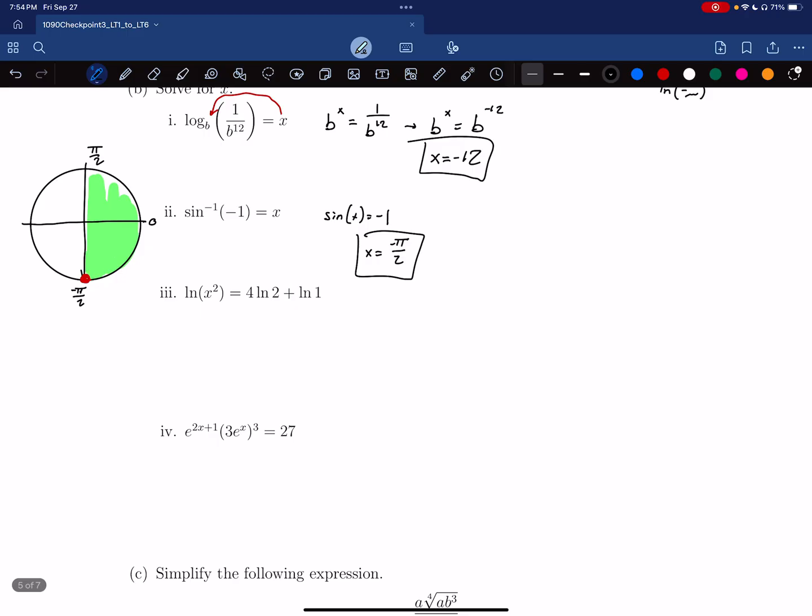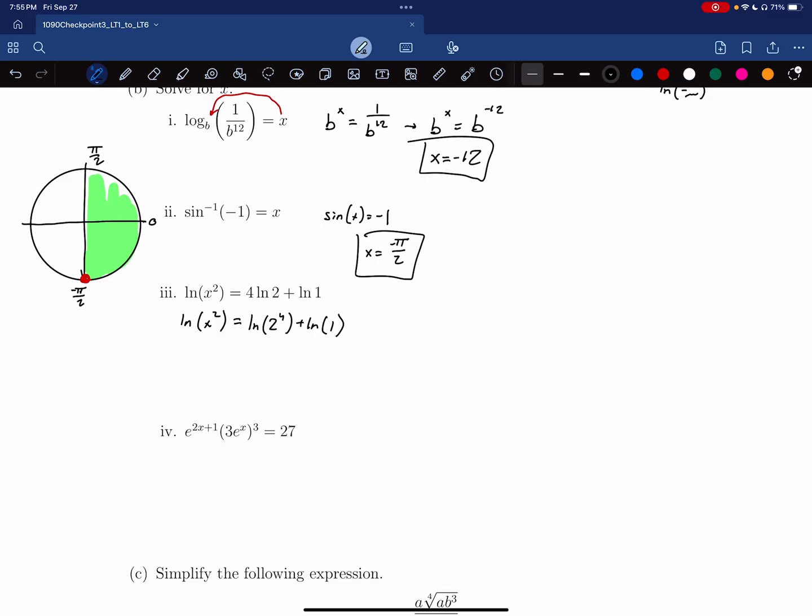Here we have a handful of natural logs. So the first thing I'm going to do is try to get both of these sides in the form of one natural logarithm. The left side we'll leave for now. It's in a pretty compact form. But the right side, we could use our exponent rules when it comes to natural logs. Rewrite this as ln of 2 to the 4th plus ln of 1.